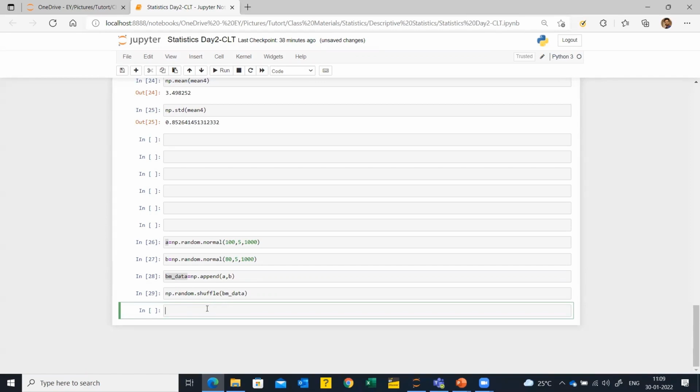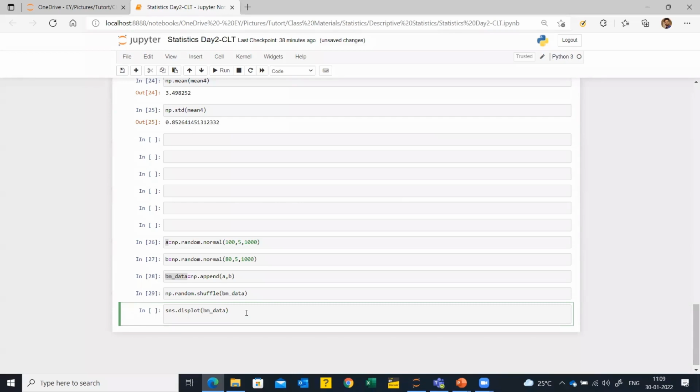Now I want to create a distribution plot, not a histogram, because I have mixed two data points. So let's create a distribution plot. So sns dot, just like you create a hist plot, you create a displot, right? I'm going very slow, bm underscore data, because that's my data.